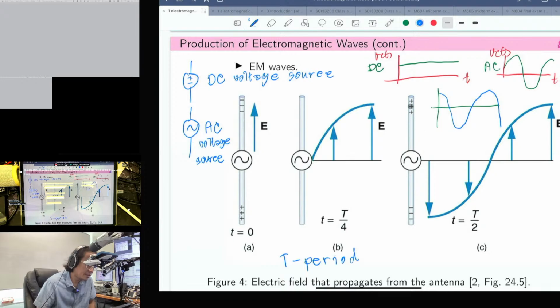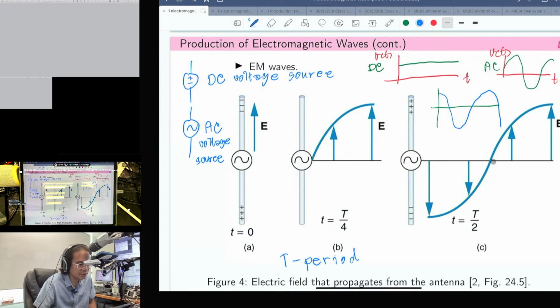the upper end will be full of positive charge and the lower end will be full of negative charge. And of course, in the typical manner, the electric field will be generated from the positive charge area to the negative charge area. So now the E field is pointing downward like this. At t equal to 0, we have the E field pointing upward, and it decreases a little bit until it is equal to 0.